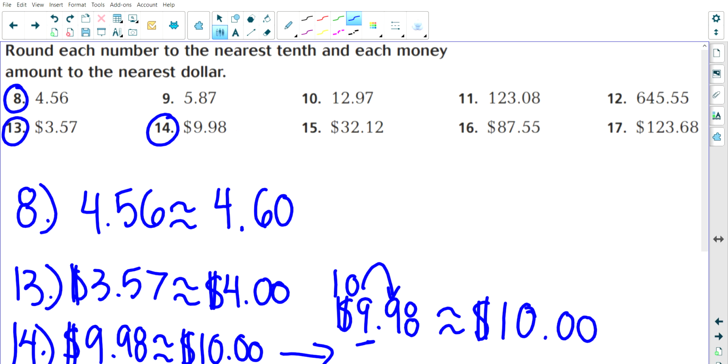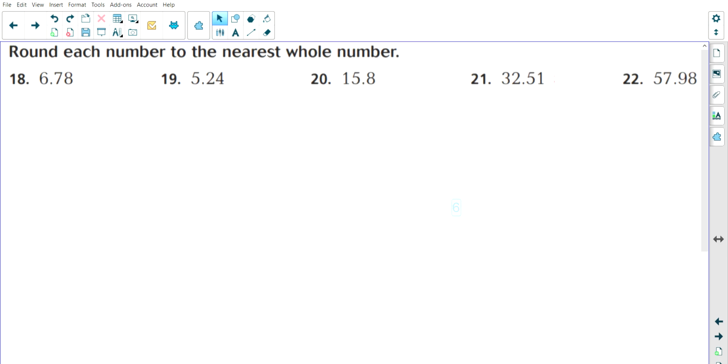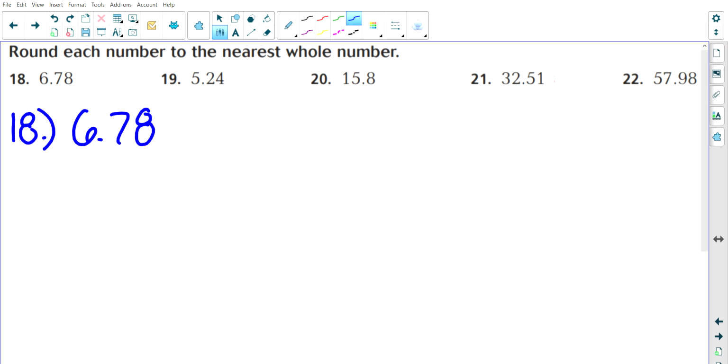Okay, you all are working very well, I'm sure. Let's take a look at a few more, practicing rounding to the nearest whole number. Let's take a look at number 18. 6 and 78 hundredths. The directions say to round to the nearest whole number.